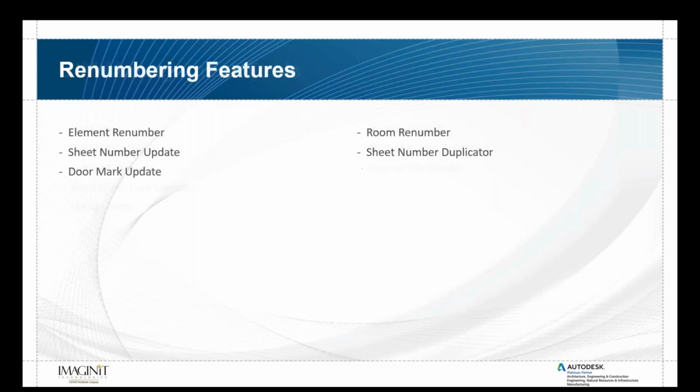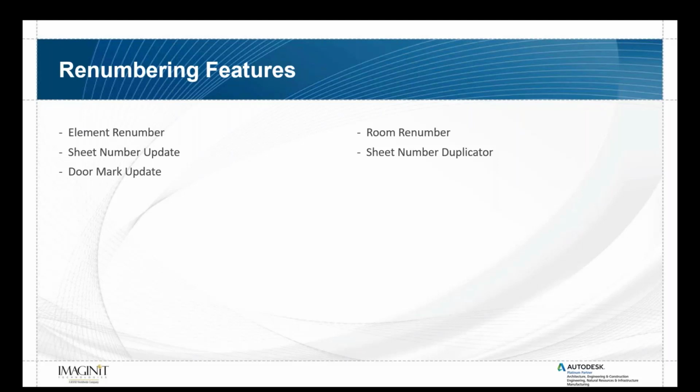if necessary. Getting into renumbering features, this is one of those modifying or editing options that typically every project goes through. We have two, and I would like to focus on the room renumbering. Typically, with a design process, things happen and rooms need to get renumbered.